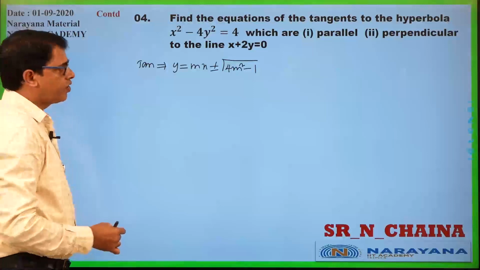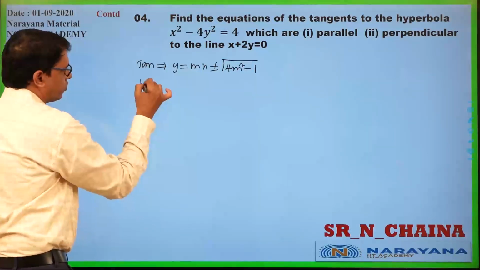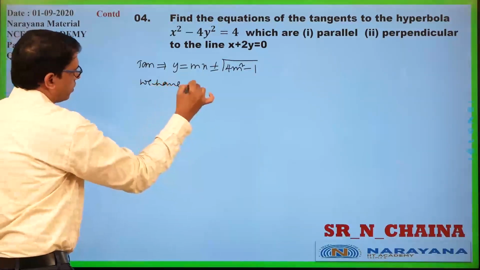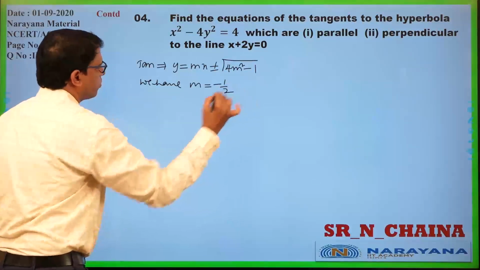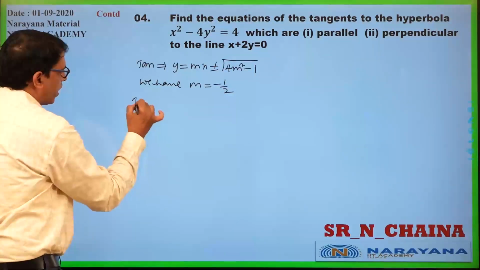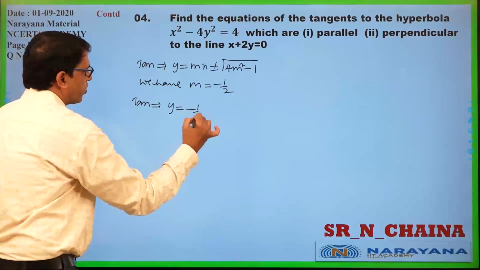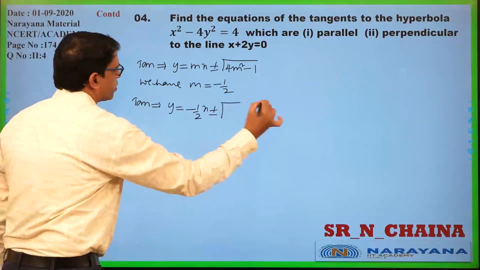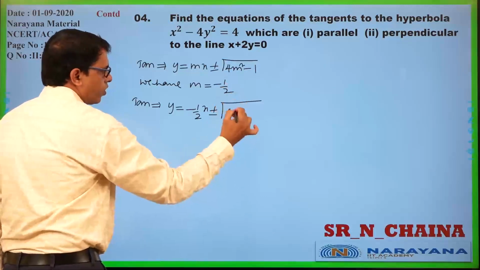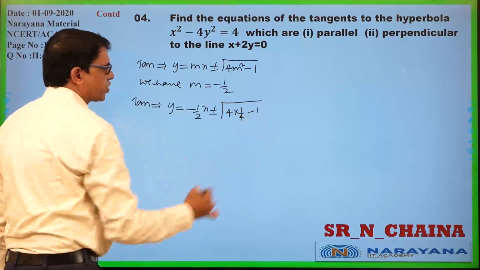If you apply m is equal to minus 1 by 2, the tangent is y equal to minus 1 by 2 into x plus minus root under 4 into 1 by 4 minus 1.